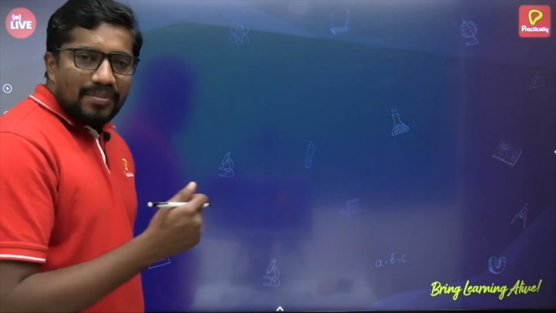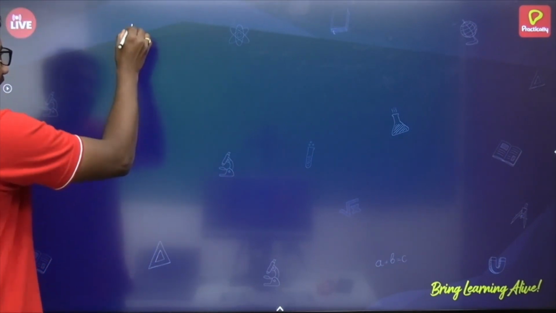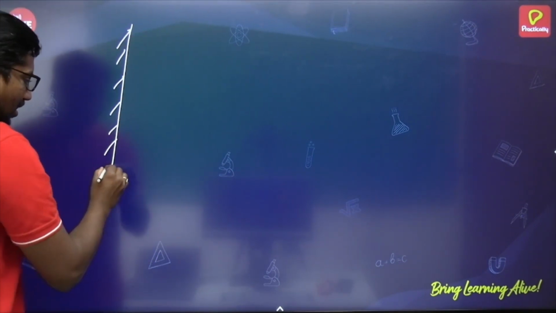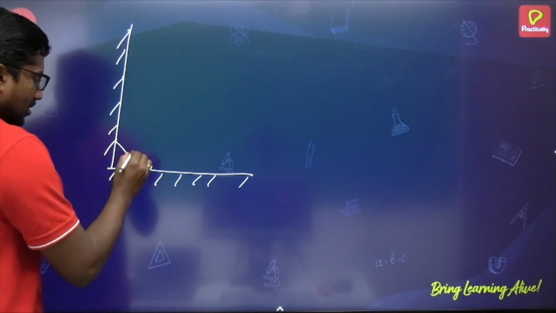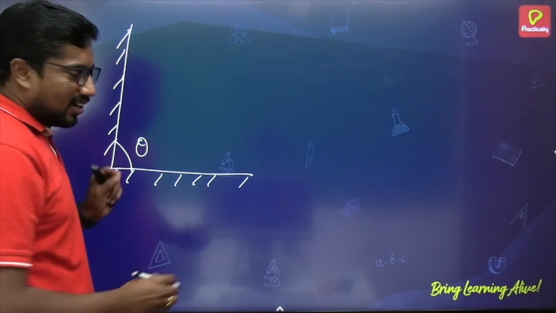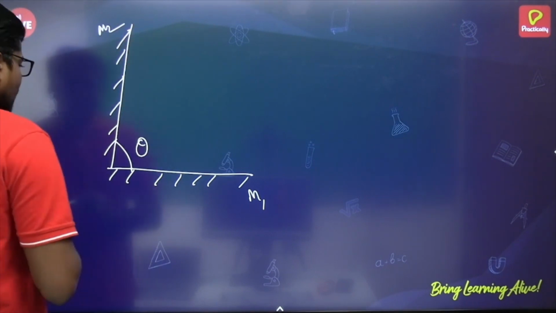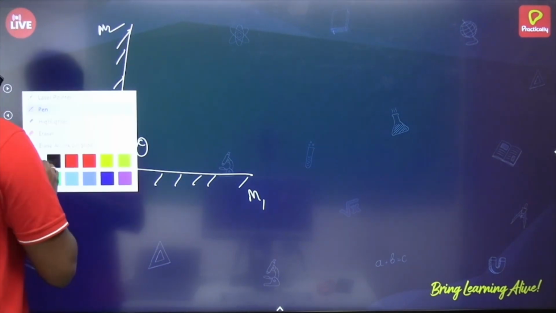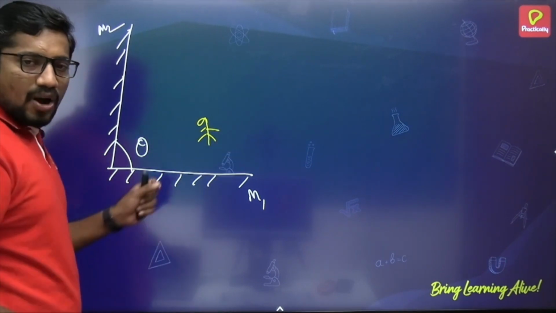I am considering two plane mirrors inclined at an angle theta, as shown in the figure. Let the angle at which these two are inclined be theta, and let the plane mirrors be M1 and M2. An object is placed somewhere in between.